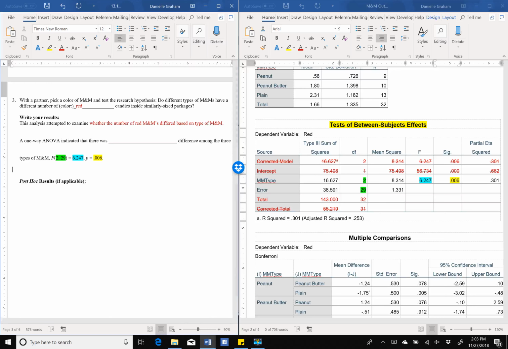Yeah. So some people have a little trouble with this. Think about 0.05 is alpha, 0.006 is our p-value. So really we're looking here: is this 0.006 less than this 0.05? Yes.